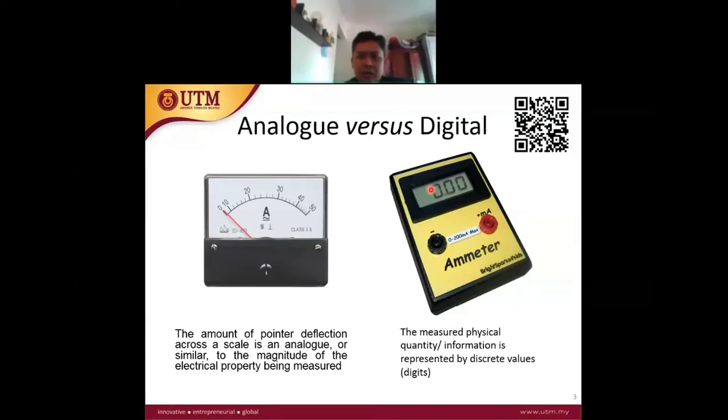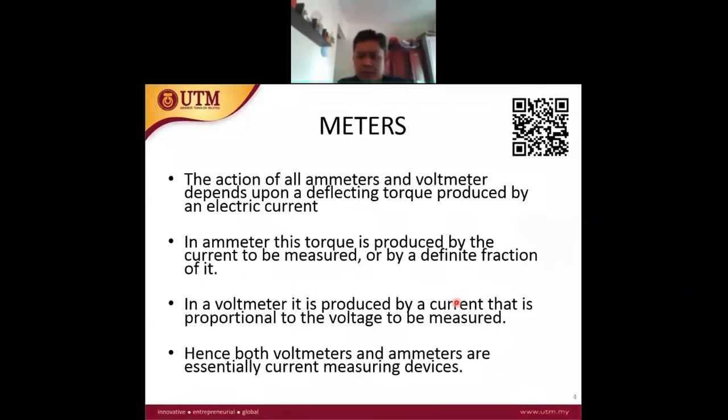Usually a digital meter will show you a discrete value in the form of numbers on the LCD display. The discrete value depends on the resolution of the digital meter.